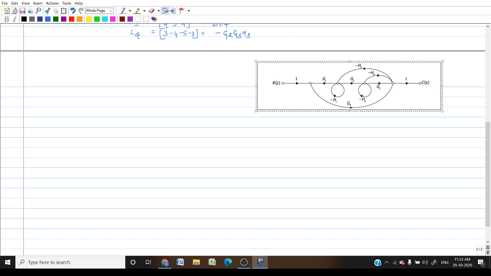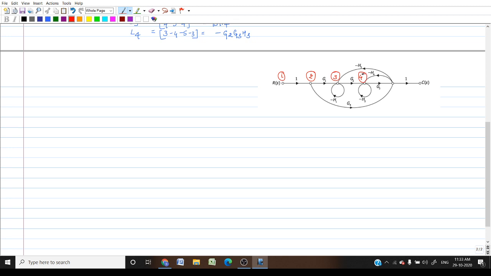The next one, we will identify the non-touching loop pairs.